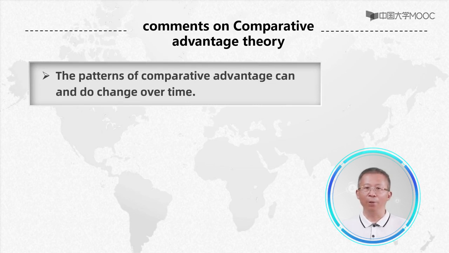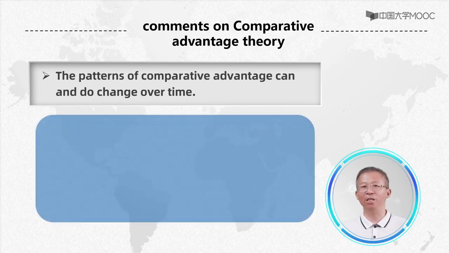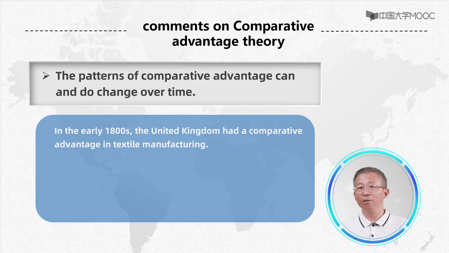Lastly, a comment on comparative advantage theory. Until now, we have understood that if a country follows its comparative advantages, it can gain from international trade. But there are 2 points we should note. First, the patterns of comparative advantage can and do change over time. For instance, in the early 1800s, the United Kingdom had a comparative advantage in textile manufacturing.